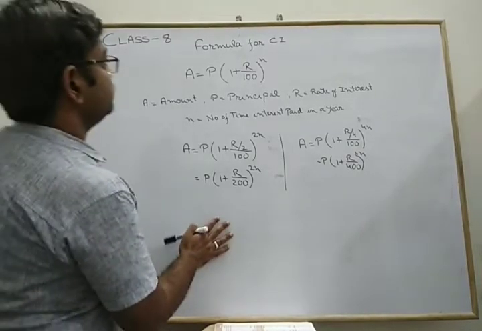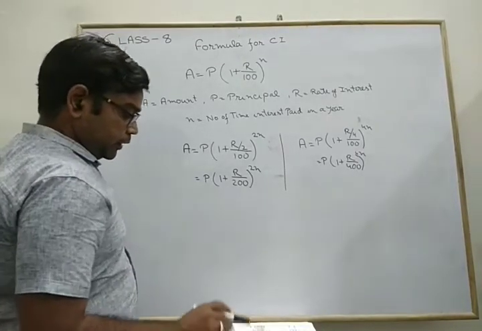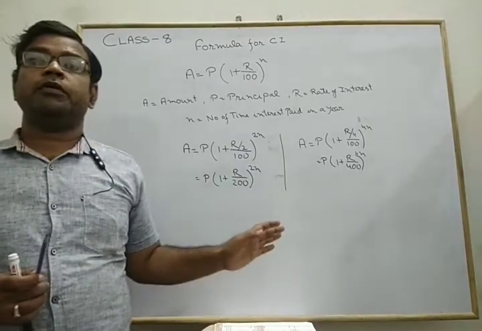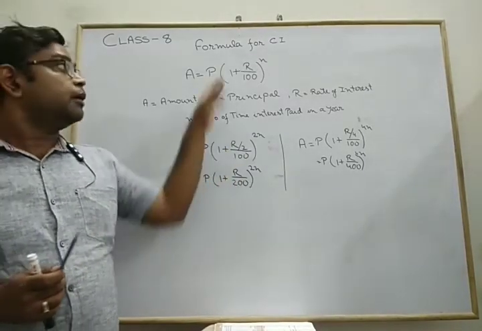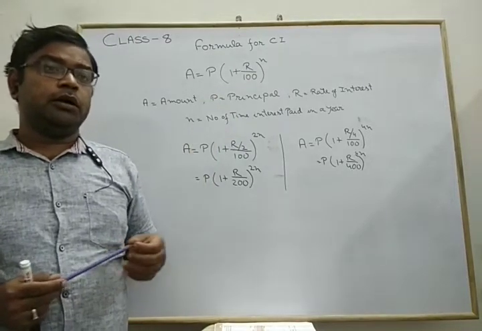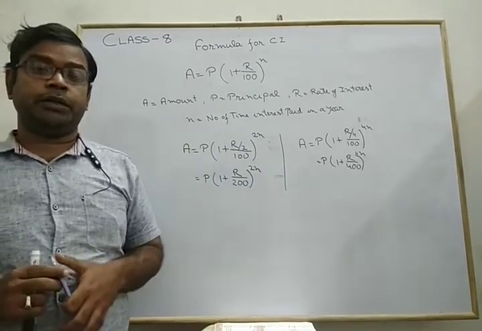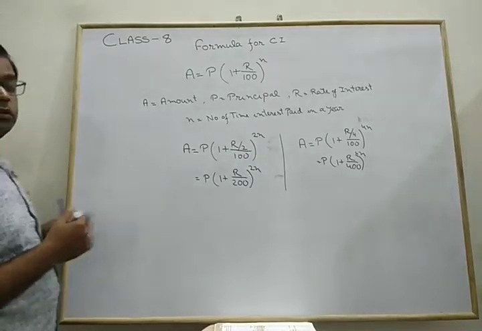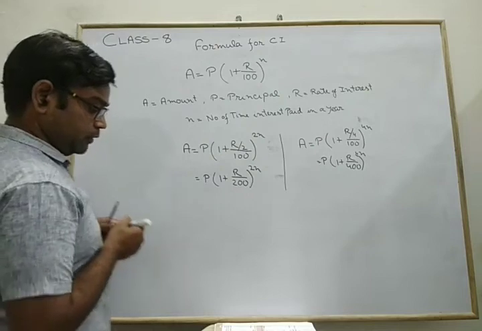I forgot to give one more formula. If we are calculating the compound interest for 3 or more than 3 years with different rates of interest, how can we calculate it? That is known as interest for consecutive years.